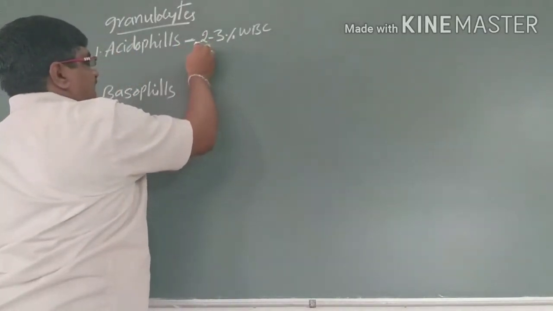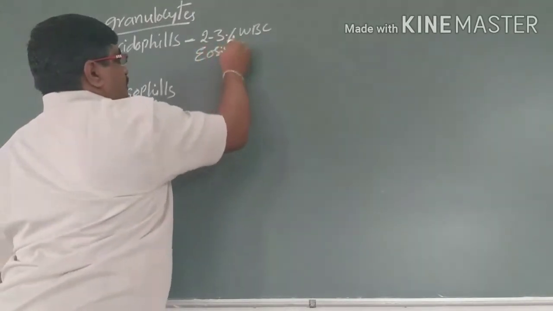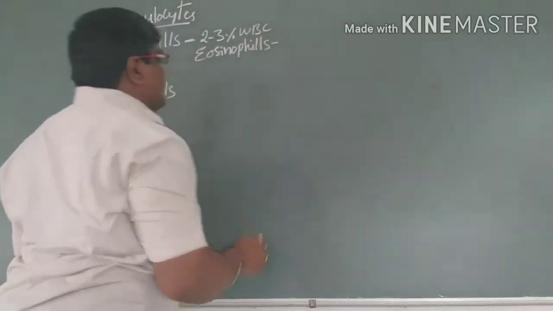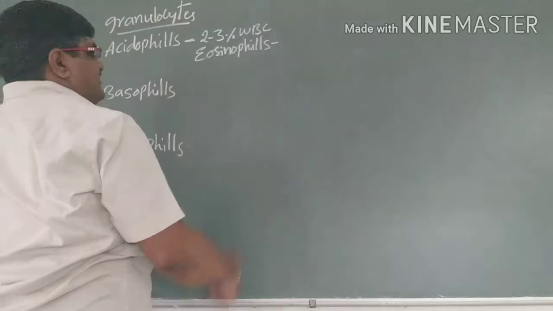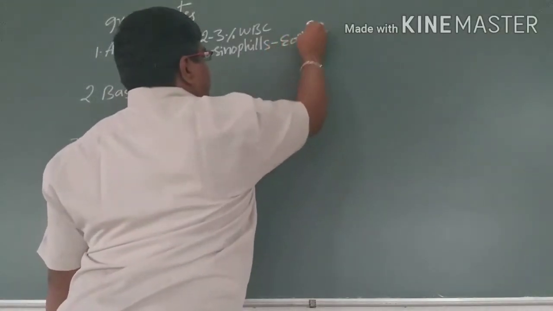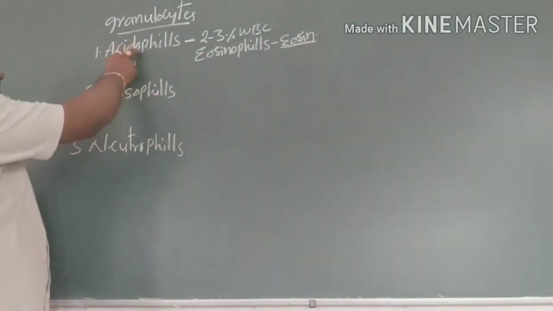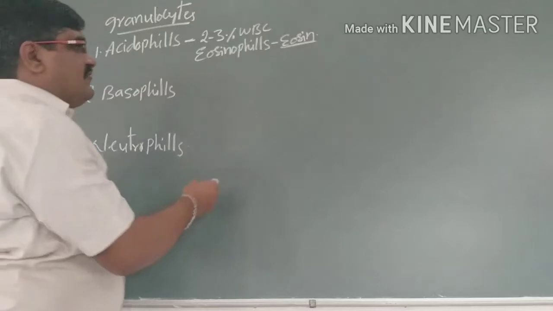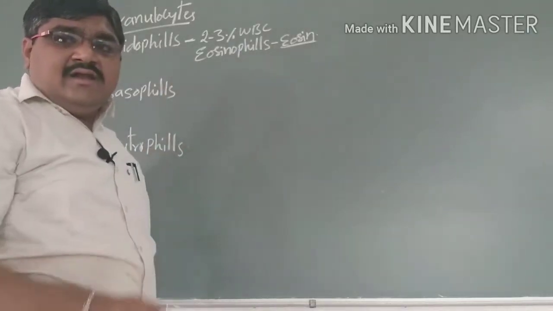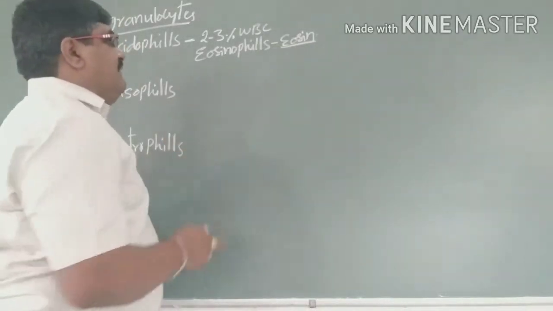Acidophils are also called eosinophils. Why are they called eosinophils? Because they can be identified by using eosin dye. With the help of eosin, they can easily be identified, so we call them eosinophils also.